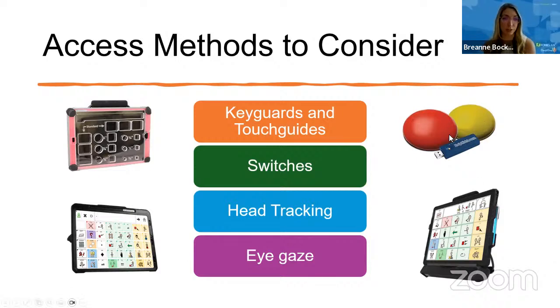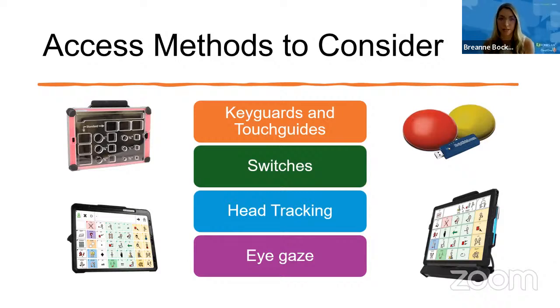We also have switches. So these can look a variety of different ways. You can have buttons, you can have different like joystick looking switches. You can have ones that just have like a small lever to them.